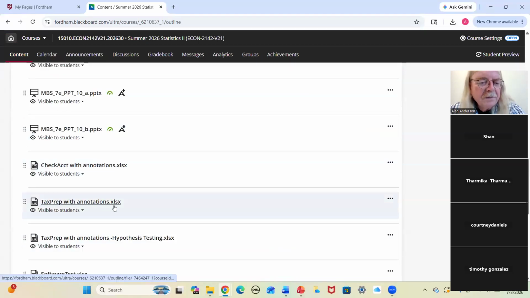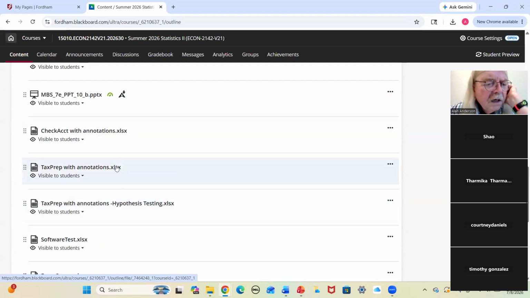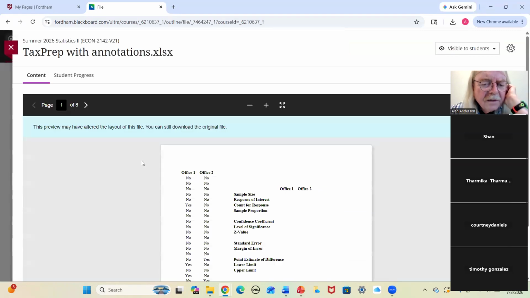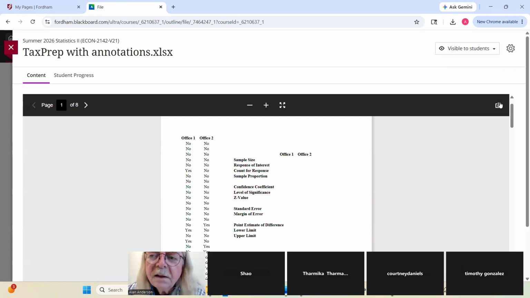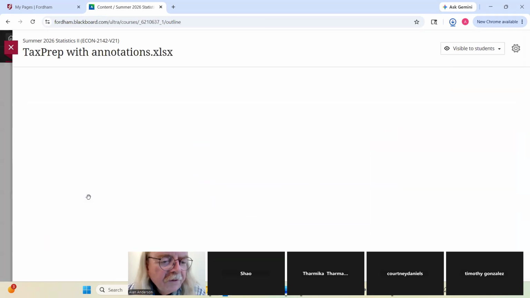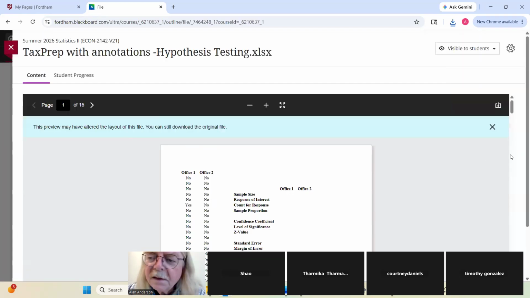Tax prep, that's new. Oh, I wonder if I made a separate one. Oh, you know what it is? This one is the confidence interval, and the one that follows is the hypothesis testing case, right?